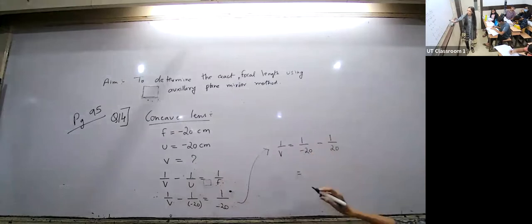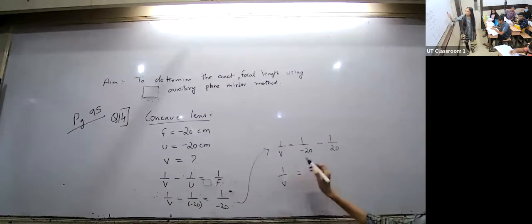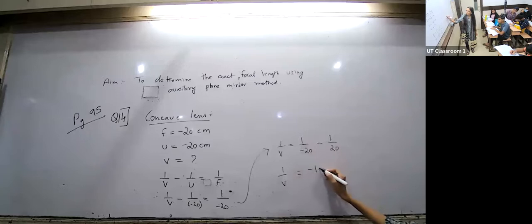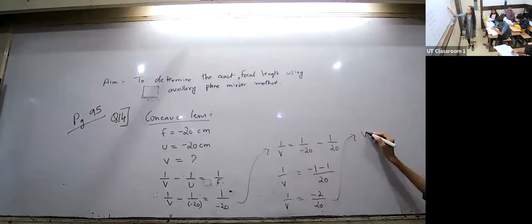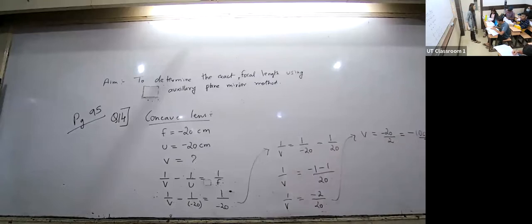So 1 by v is equal to minus 1 by 10. Therefore v is equal to minus 10. So even I am getting minus 10 as the answer.